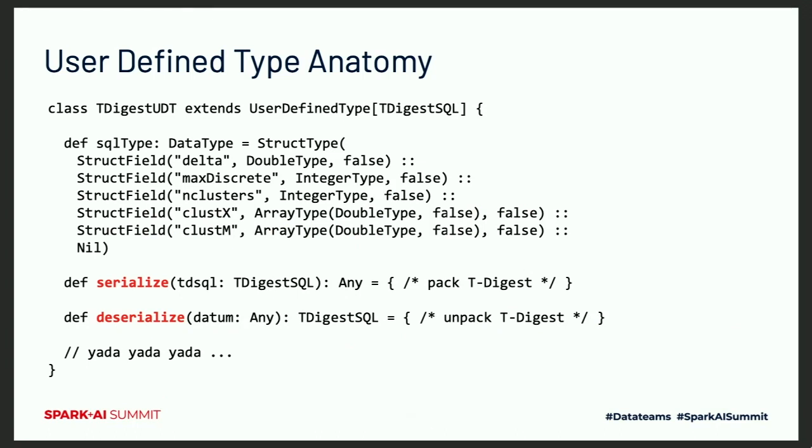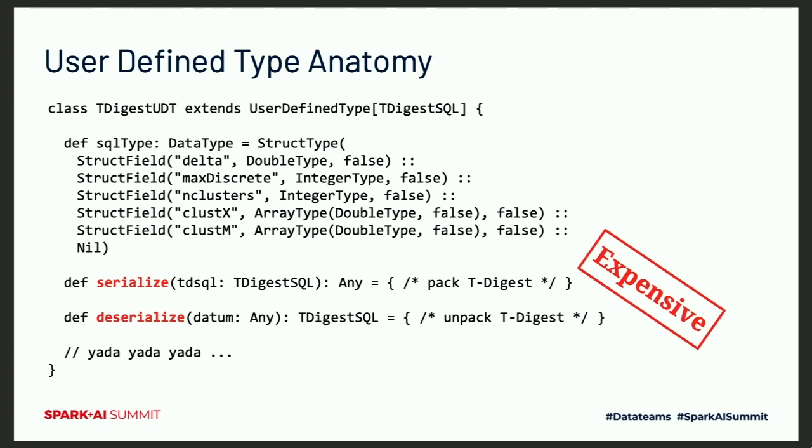So let's look at this user-defined type. The core of a user-defined type is a schema which describes to Spark how your object is actually stored in the aggregation buffer row, and then methods to pack your structure into that row and then unpack it later, which are serialize and deserialize.